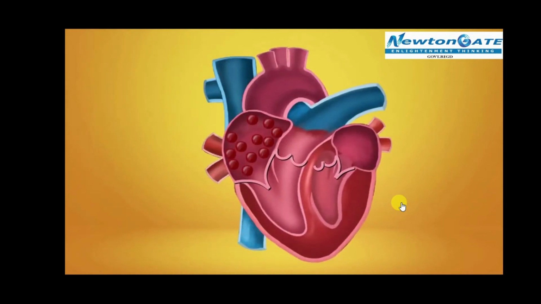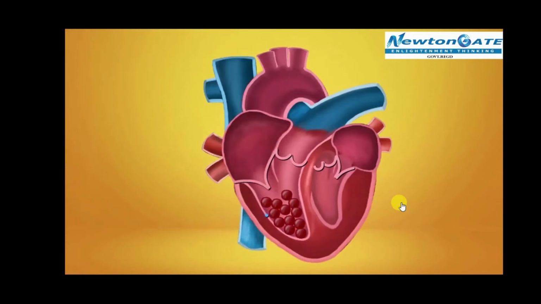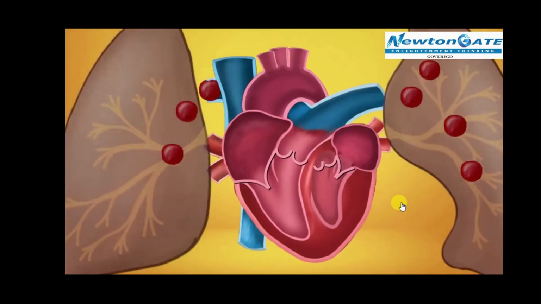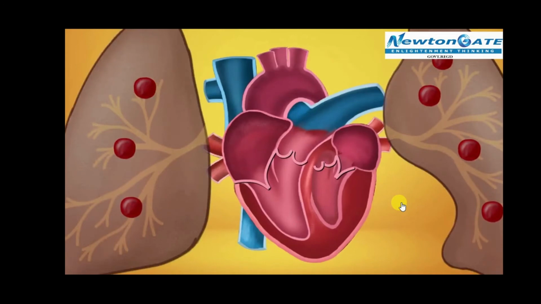The right atrium receives deoxygenated blood through the vena cava, superior and inferior vena cava. From the right atrium, deoxygenated blood moves to the right ventricle and from there to the lungs through the pulmonary artery.